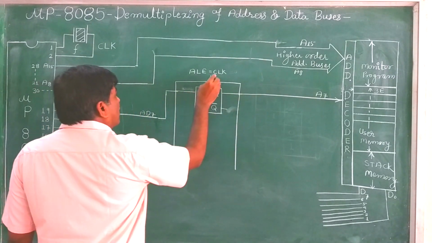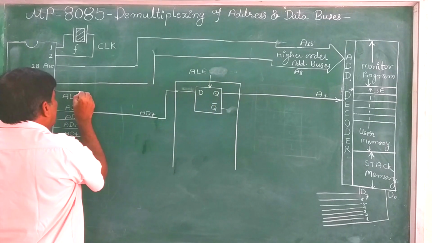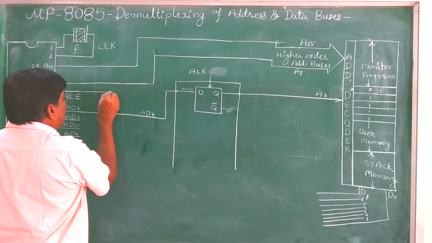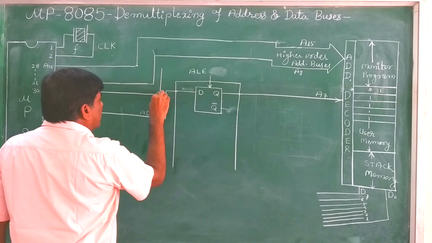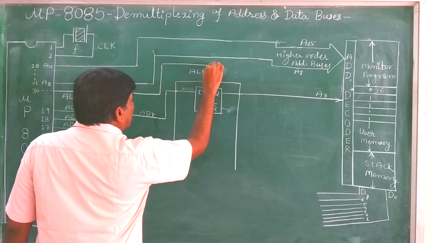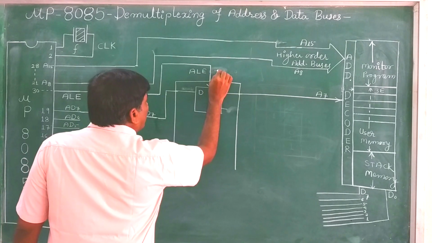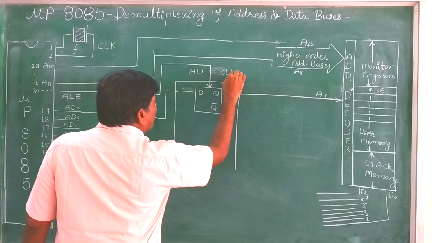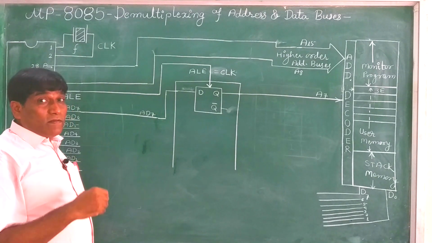So here we have to connect the signal ALE, which is generated by the microprocessor, to the clock of the D flip-flop.